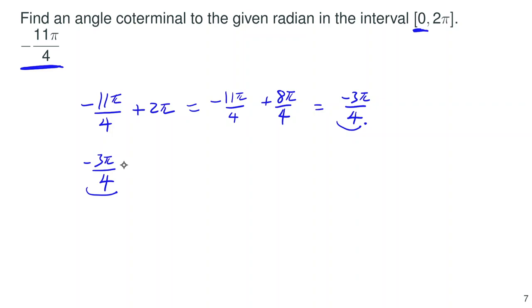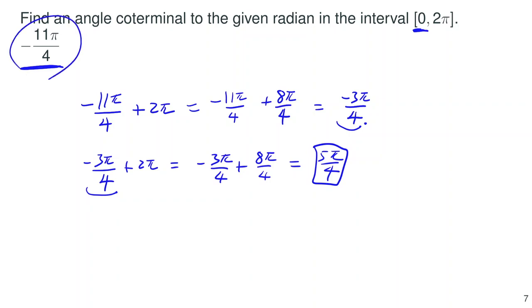Now from here, I'm going to add 2 pi again, which is 8 pi over 4, and that gives me 5 pi over 4. Now this angle is positive and between 0 and 2 pi. It's less than 2 pi and greater than 0 radians. So this is a coterminal angle between 0 and 2 pi for this angle.